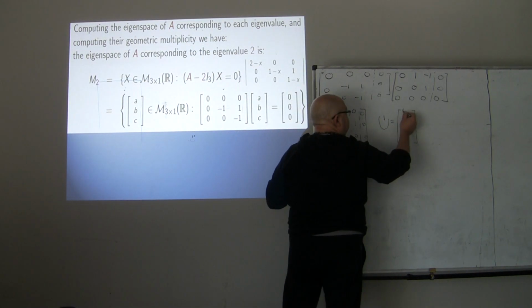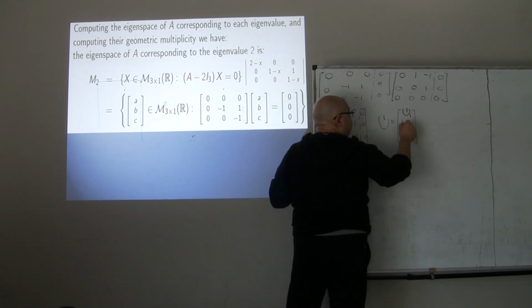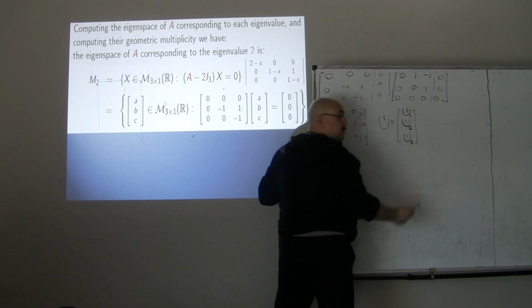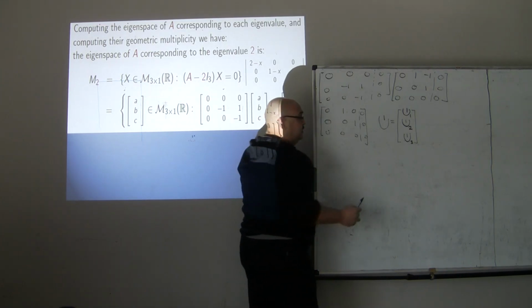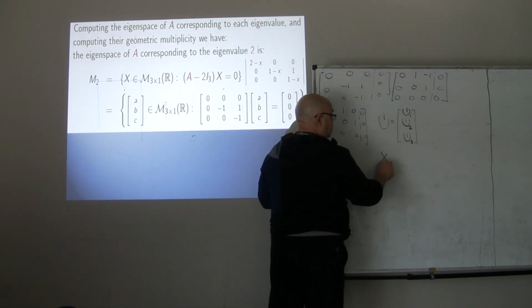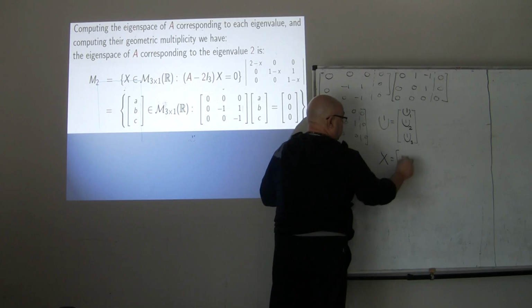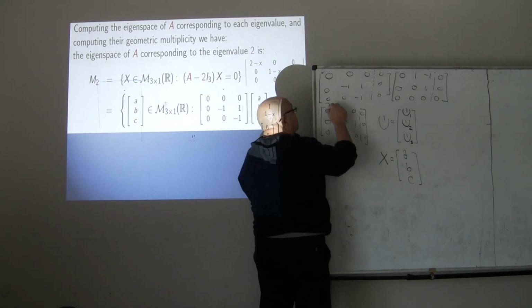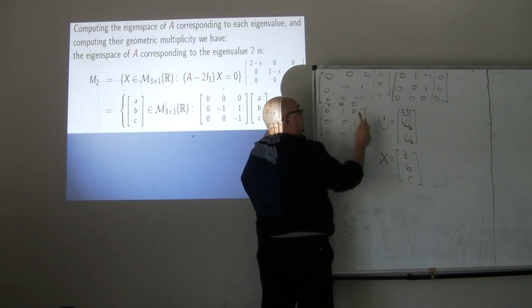The first vector, first component, and the first vector, third component. Is it going to make a difference if I call this X, with components A, B, and C?